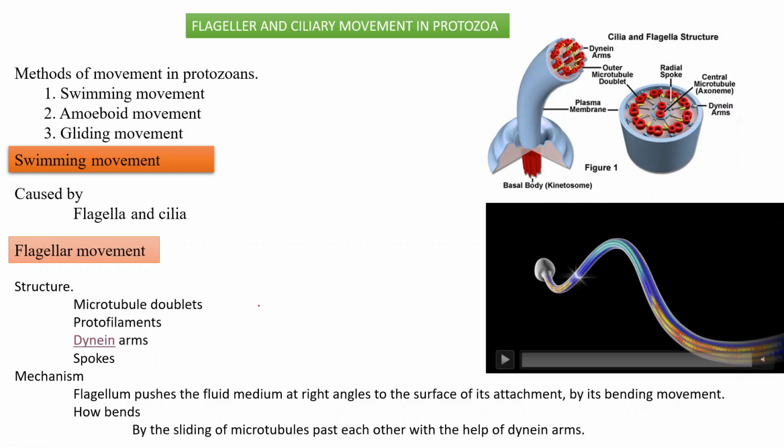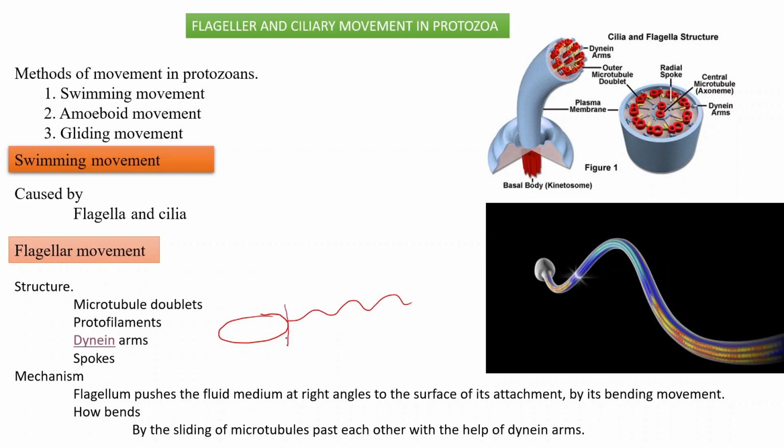So that's about the mechanism involved in the movement of the flagellum. Let's see the steps. The flagellum pushes the fluid medium at right angles. I will draw here. Suppose this is a protozoan and this is its flagellum. And this is the surface where the flagellum is attached to the protozoan.